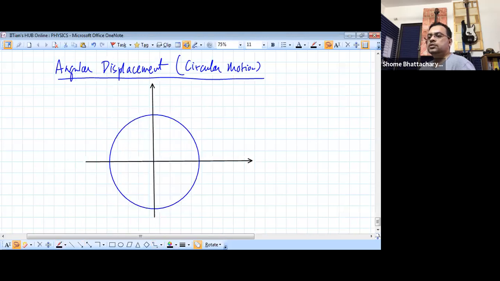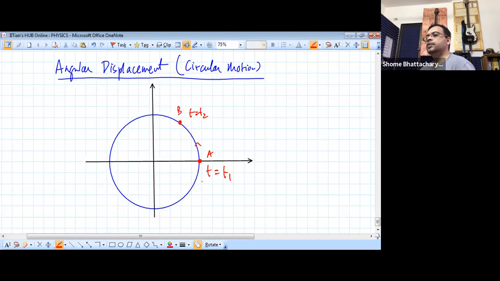Now suppose a particle goes in circular motion. It was here at some time t equal to t1, and then going along the circular path, it reached this point at time t equal to t2. So let's say this point is A and this point is B.